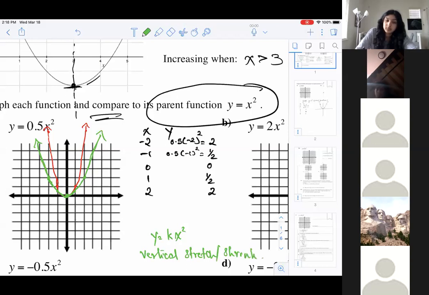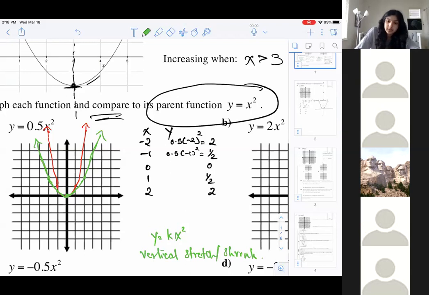You can write this down somewhere: when the function looks like y is equal to kx squared, there is a vertical stretch or shrink happening to your parent function. Now, how do you decide if it is a stretch or a shrink? It will be a shrink if k is less than 1. It will be a stretch if it's more than 1. Correct. Very good.